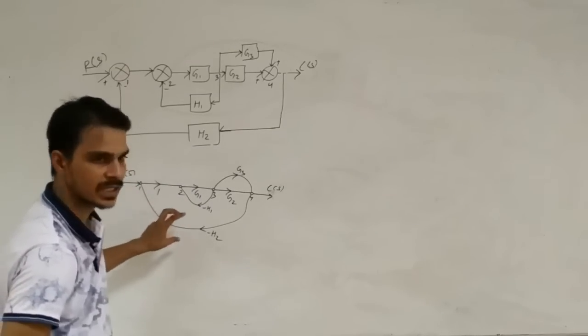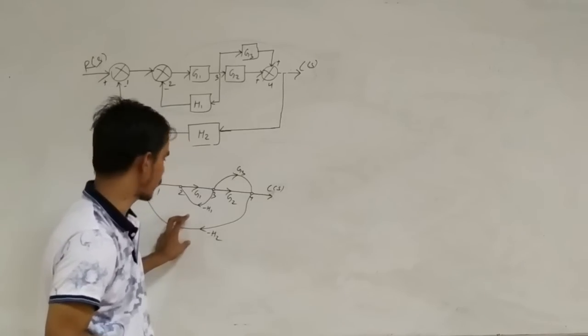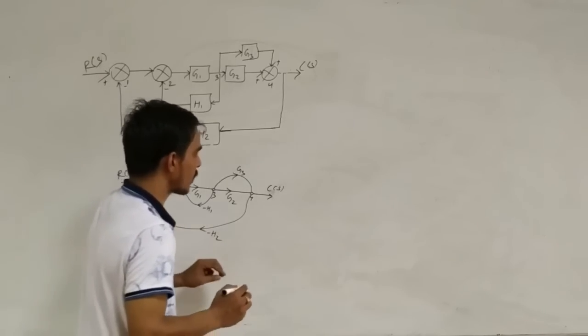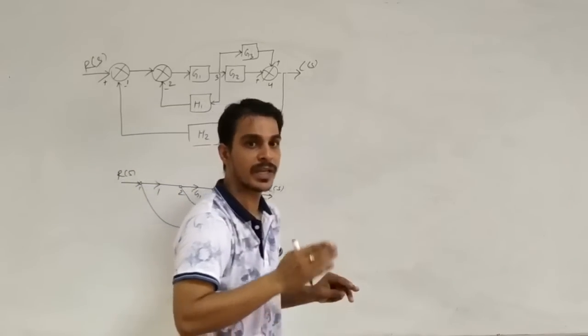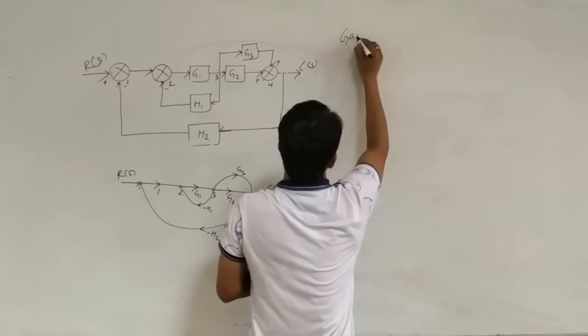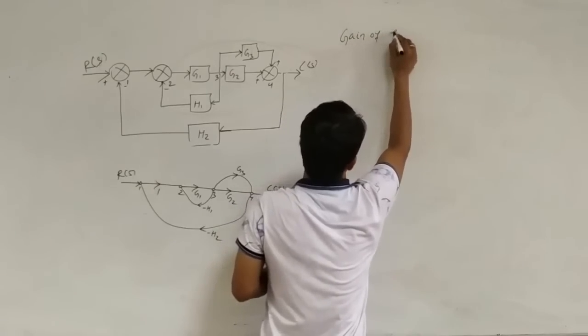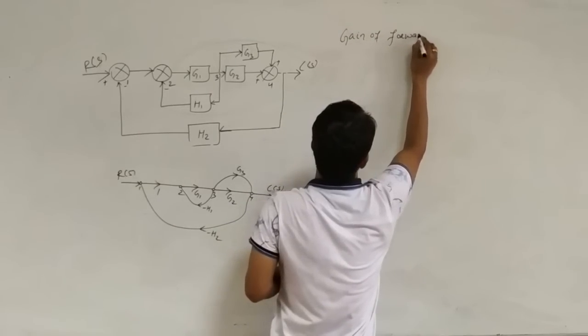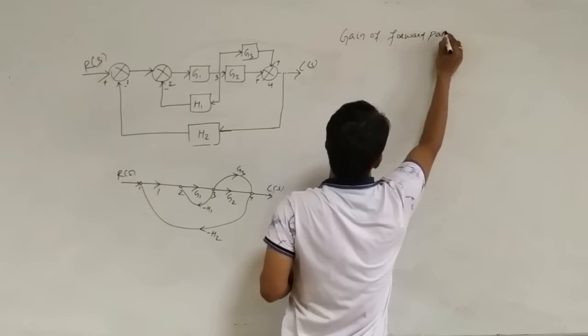Now we have to find the transfer function of this signal flow graph. First, what do we have to calculate? We have to find the gain of the forward paths.